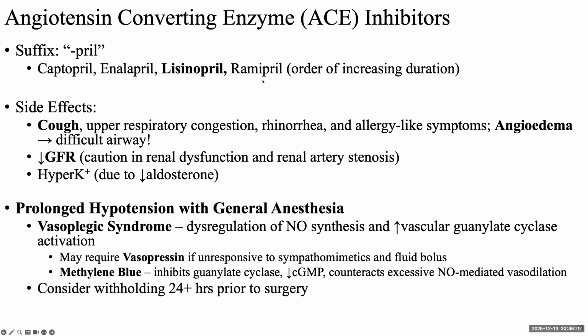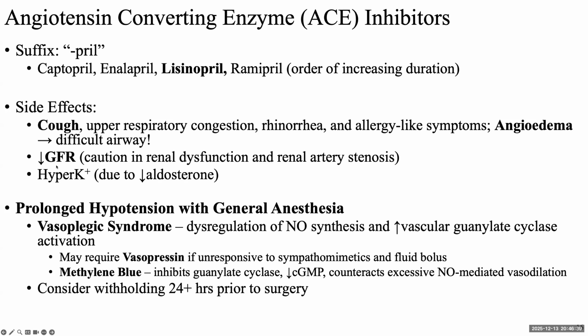Now, common side effects of our ACE inhibitors that we do see is a cough and upper airway congestion or rhinorrhea, maybe even allergy-like symptoms. Now, a severe one is angioedema, right? So it's something to watch out for with ACE inhibitors, especially for us, because if a patient has angioedema, that is a recipe for a very difficult airway.